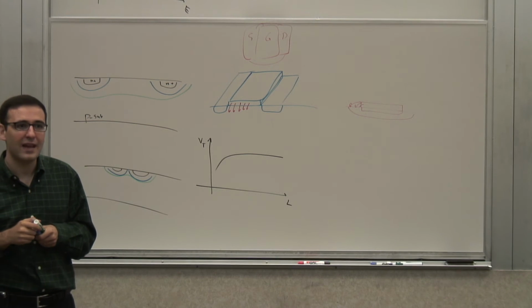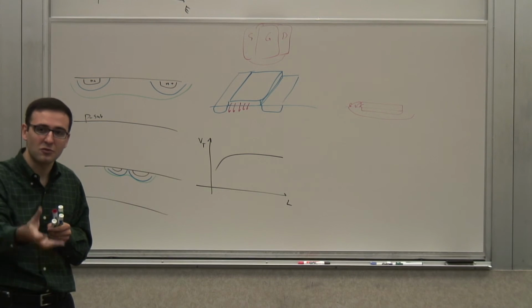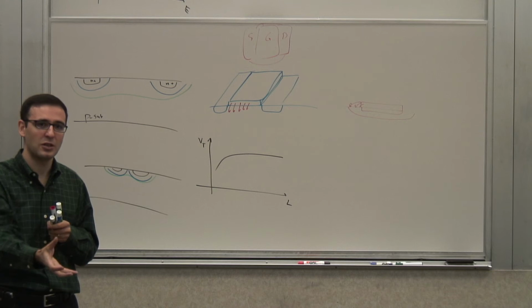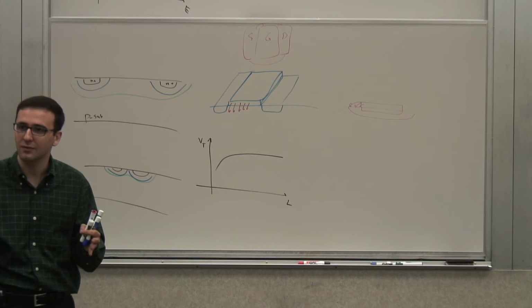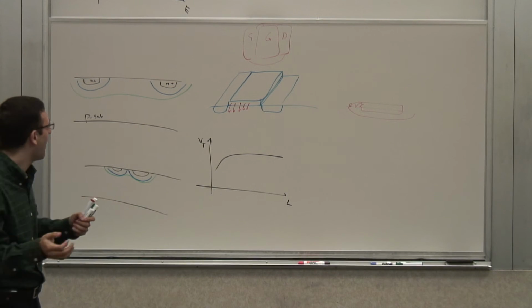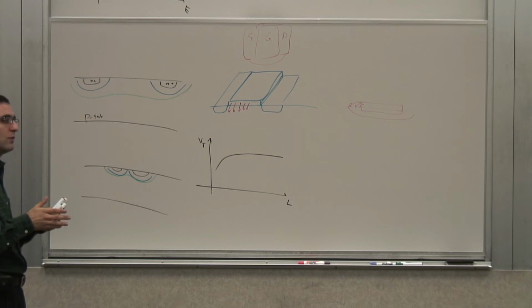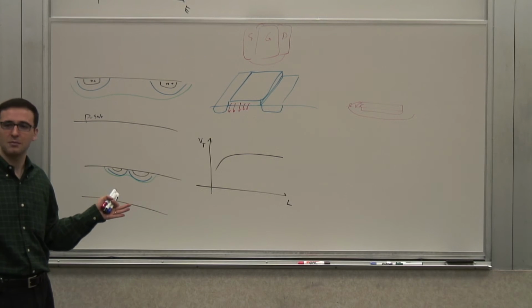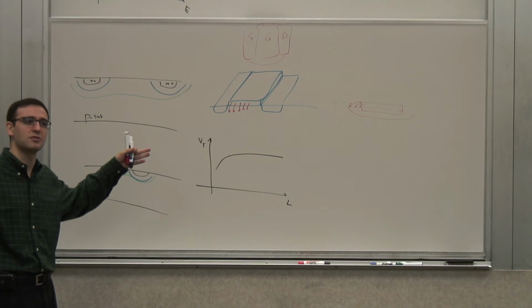So that means that you have a little bit more depletion region to make than you thought because of this three-dimensional effect. Now, if the width of the transistor is large, that's not a big deal because it's a small fraction of the total depletion region that you have to make.